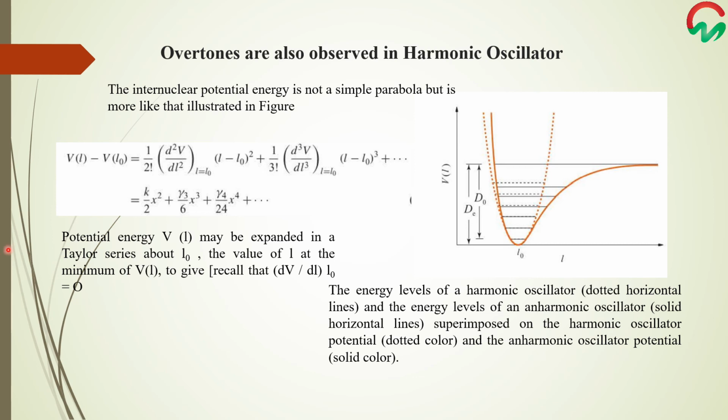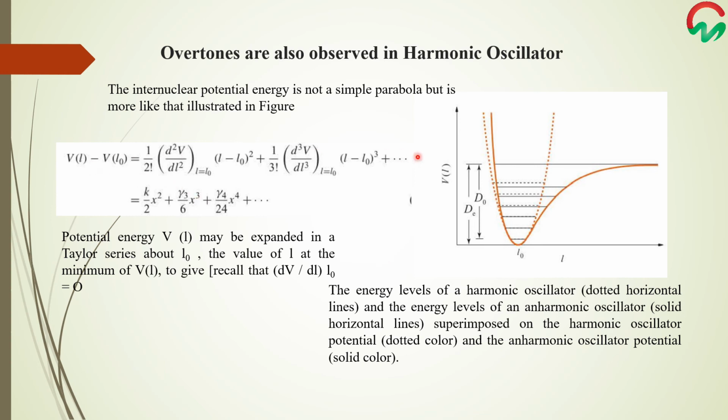The potential energy V(l) may be expanded in a Taylor series about l naught, as we have discussed in the previous section, the value of l at the minimum. Recall that dV by dl at l equals l naught is 0.